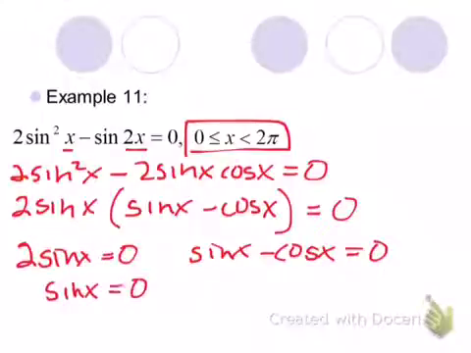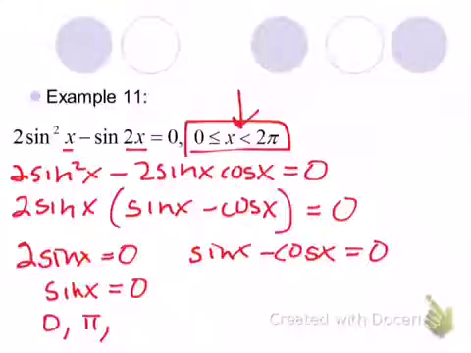Here we have sine x equals 0. That's easy. We just did that one, right? Where is the sine of x equal to 0? 0 and pi. I could go to 2 pi, but this is strictly less than 2 pi, so I can't go all the way back to 2 pi and get the next one.